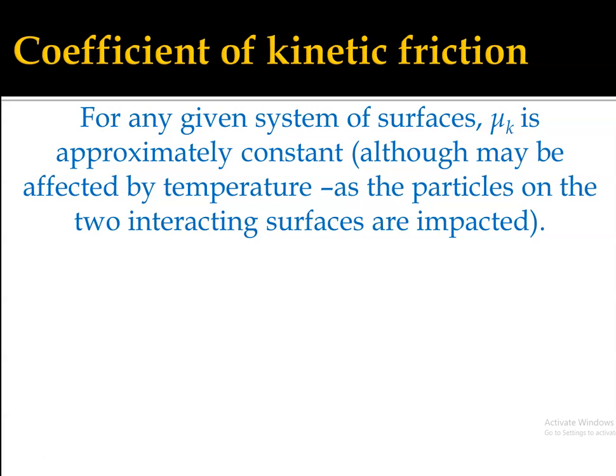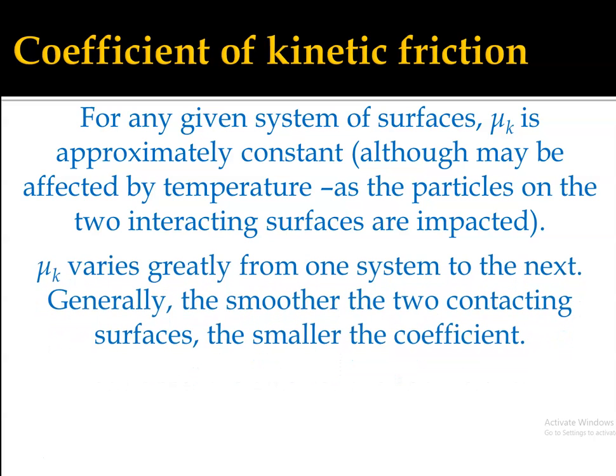It remains the same, although it may be affected by temperature as the particles on the two interacting surfaces are impacted. So we can imagine that if you have a surface that gets too hot, you're going to have some particle movement possibly on one of those surfaces. So that could impact friction.